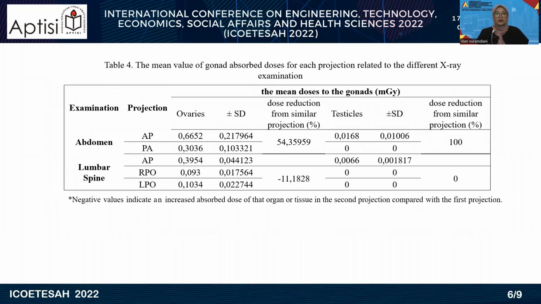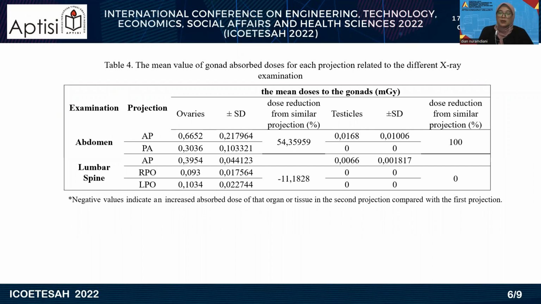In table 4, the dose received by the gonads in various positions of the abdominal and lumbar spine are shown separately for men and women. The dose received by the gonads can be used to estimate the hereditary risk arising from radiation for men and women of reproductive age.